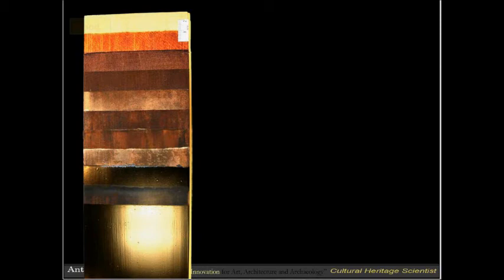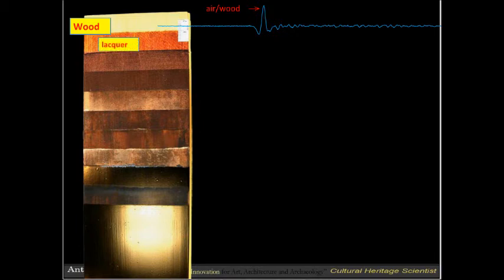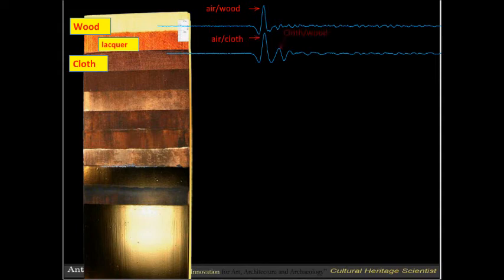Starting off with the bare wood, the corresponding T-ray spectrum shows only one peak, which is the reflection of the interface air-wood. While the first layer of lacquer doesn't give any detectable reflection, the spectrum of the cloth clearly shows now two peaks, which are related to the two new interfaces, air-cloth and cloth-wood.